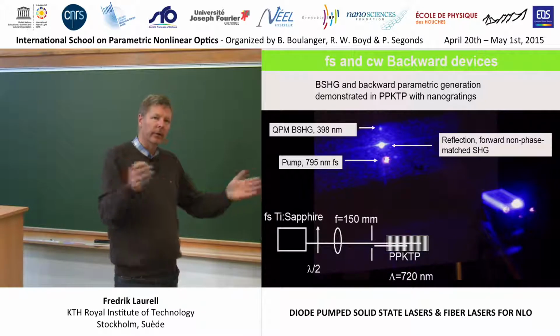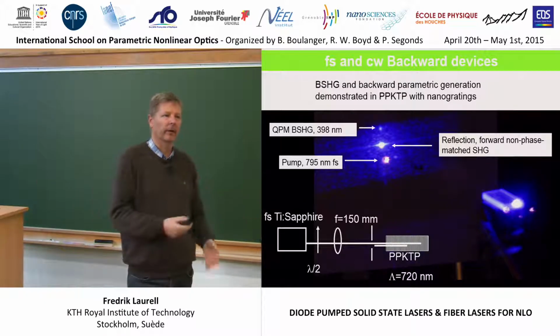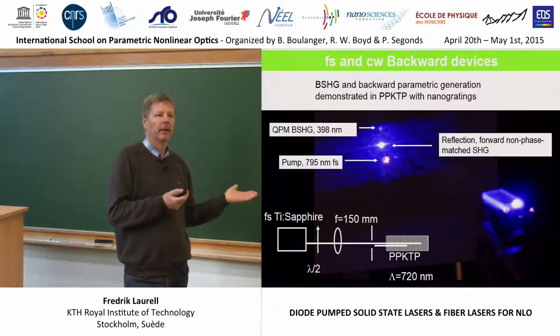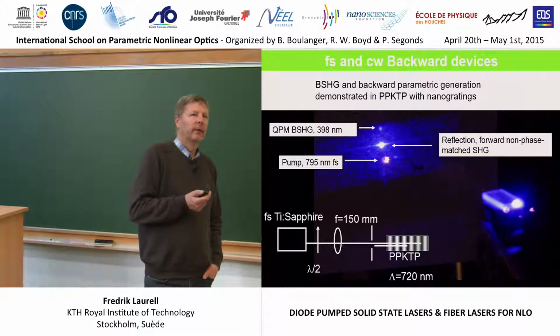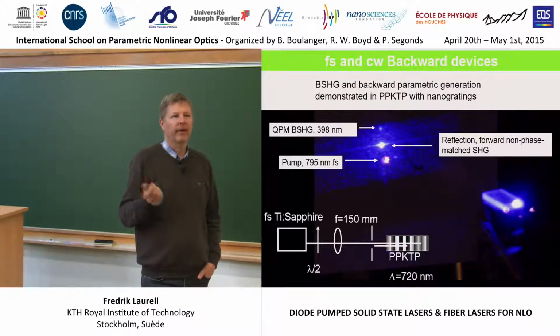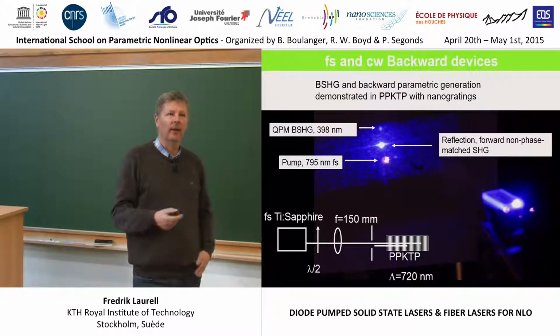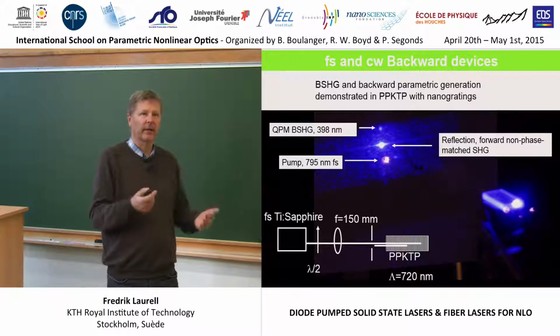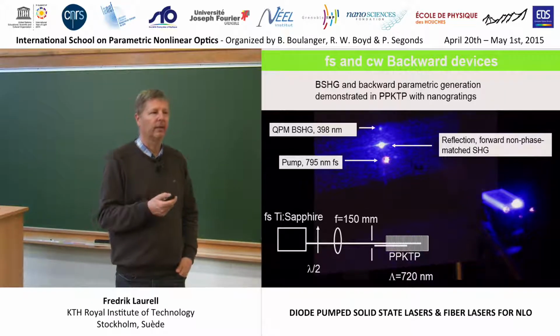Okay, if you shrink the domains, this delta K that represents the quasi-phase matching becomes longer and longer. So in normal devices, we have periods maybe 5 to 20 microns. If we now go to 0.5 microns or so, then the delta K becomes 10 times longer. If we look at the phase matching diagram, it means that we can put, for example, the second harmonic going backwards.